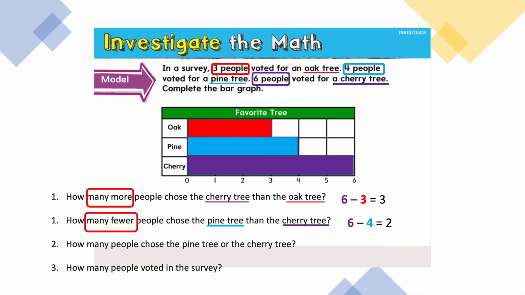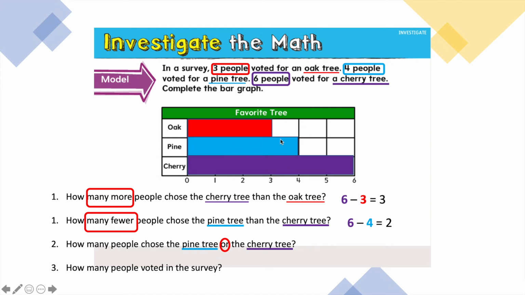How many people chose the pine tree or the cherry tree? Here, the very important part of the question is the or, right? So you could have chosen the pine tree or the cherry tree. So now we're looking at these two groups, the pine and the cherry tree. And we want to know how many people voted for pine or cherry.